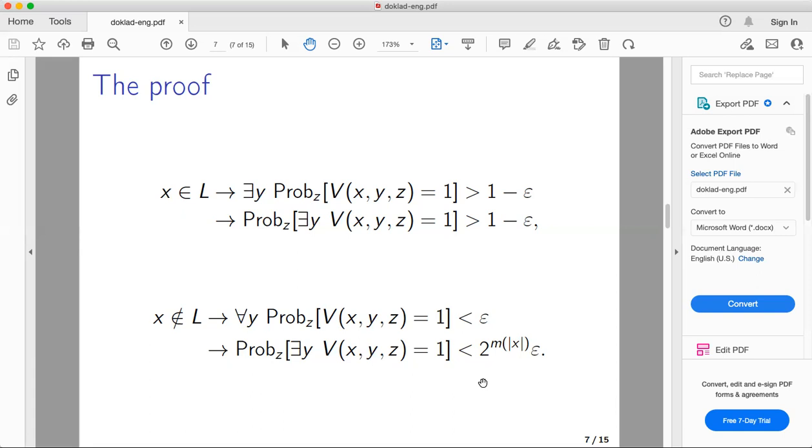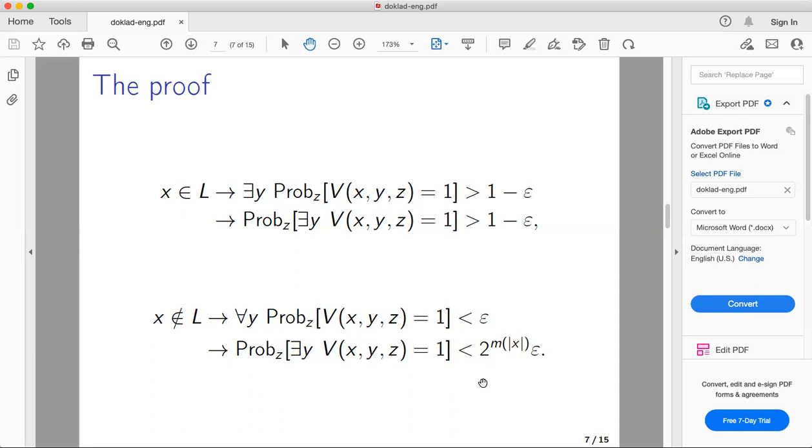But on the other hand, if x is not in L, then we know by definition that all the proofs are rejected with high probability in our Merlin-Arthur protocol. But the probability over z that there is a proof that is accepted with that z might increase drastically, because this is the probability of the union of these events over all y's.